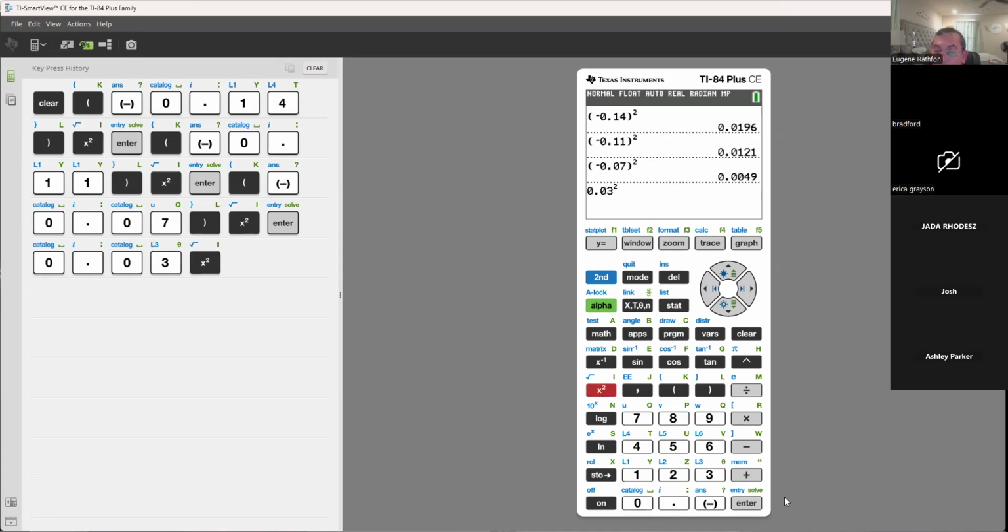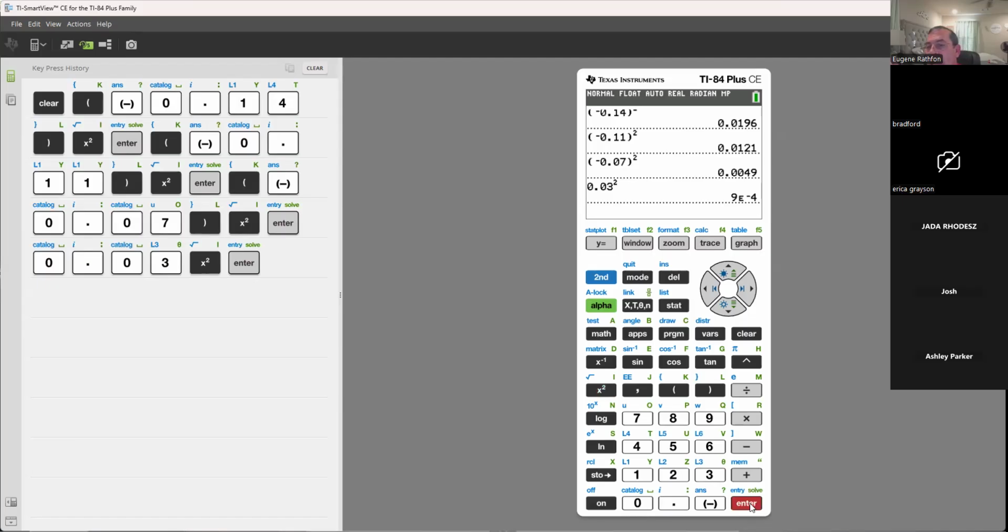0.03. Square that. Now that 9e negative 4, that's a 0.0009. So they're sort of doing scientific notation on that, but when you see a 9e negative 4, that means you would have 3 zeros in front of the 9. It's like you're moving it left 4 times, okay? This calculator does, and I think the older calculators, or even the ones y'all got on the phone apps, they should give you a 0.0009 for that, okay?